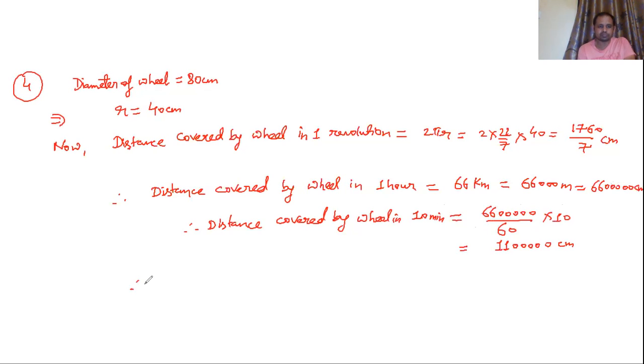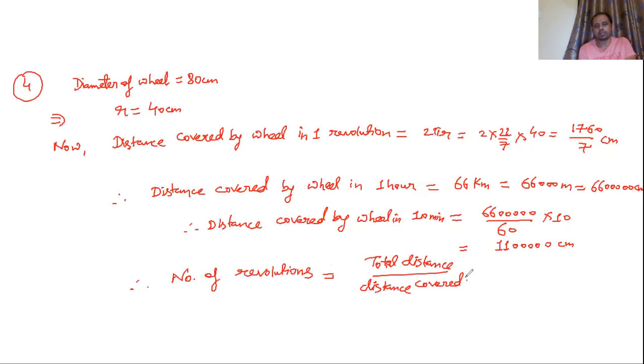Therefore number of revolutions equals to total distance upon distance covered in one revolution. The total distance is how much here?